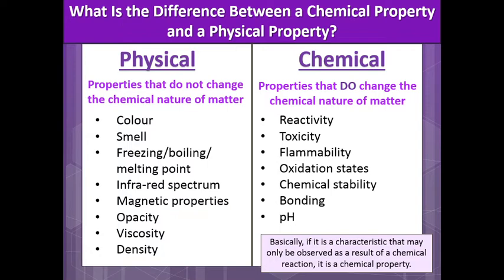Any smells it gives off, smell is related to the volatility of a chemical, in which volatility is just a way of saying how easily it turns into a gas. So a chemical that is extremely volatile will turn into a gas very readily. The melting point, freezing point, condensation point, whatever you want to call it, is defined by the intermolecular forces of attraction between the different molecules, and that is a physical property.